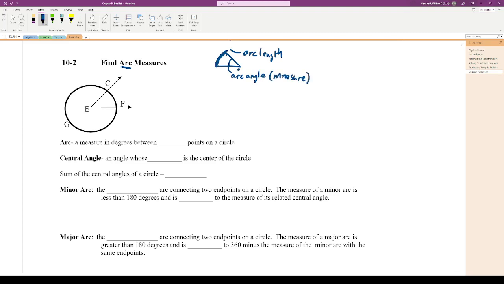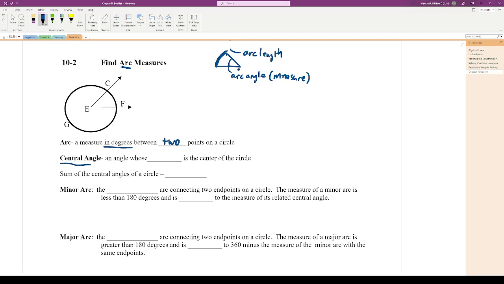We're measuring it in degrees or radians, as an angle measure rather than a length measure. But we will talk about both of these today. So arc measure is a measure of an angle between 2 points on a circle, and it does not have to be in degrees. It could be in degrees or radians, and we'll talk a little today about both of those.